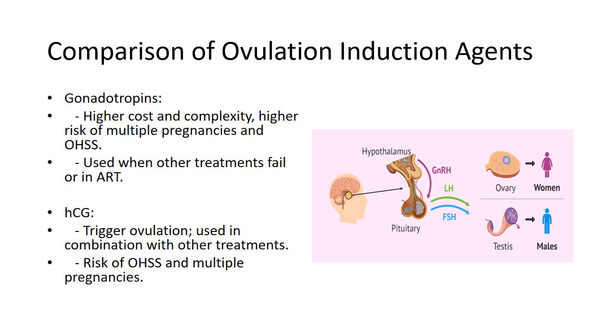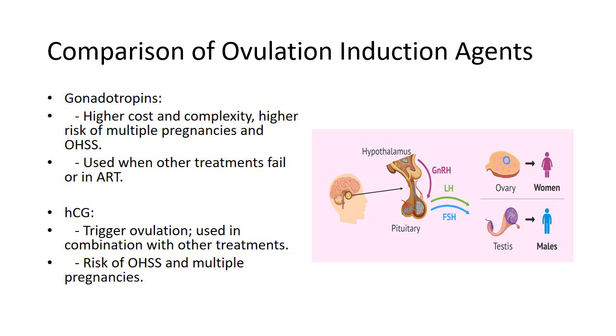Letrozole: aromatase inhibitor, 75 to 85% ovulation, 20 to 25% pregnancy, 1 to 3%, no anti-estrogenic effect, best for PCOS and clomid resistance.